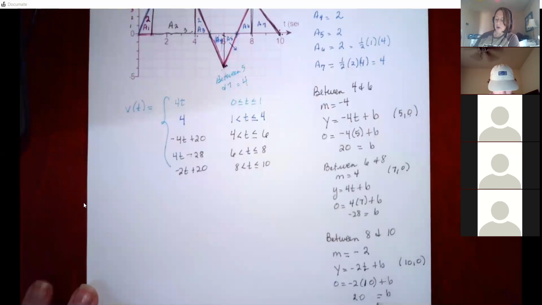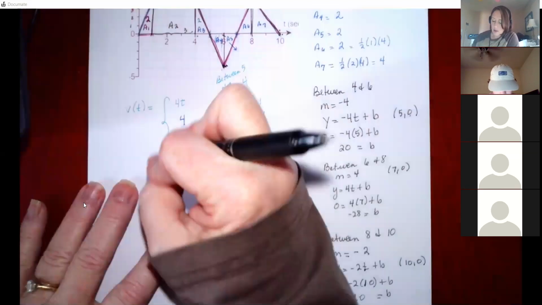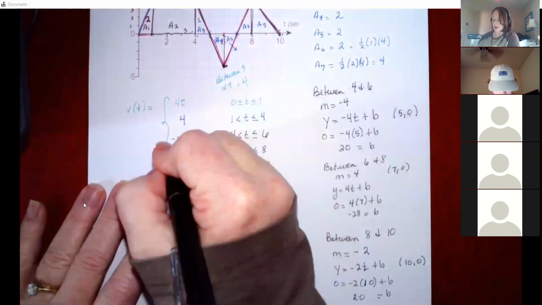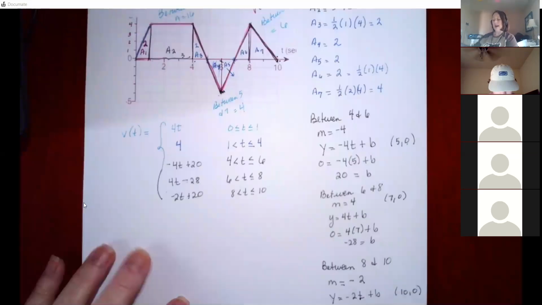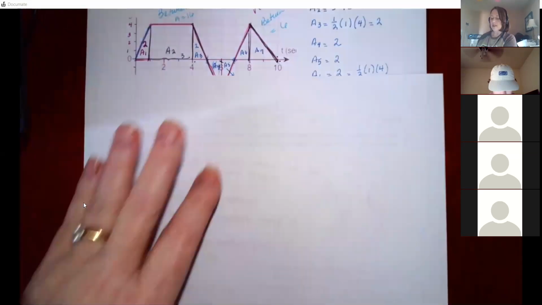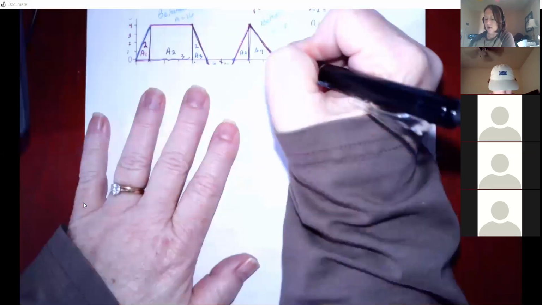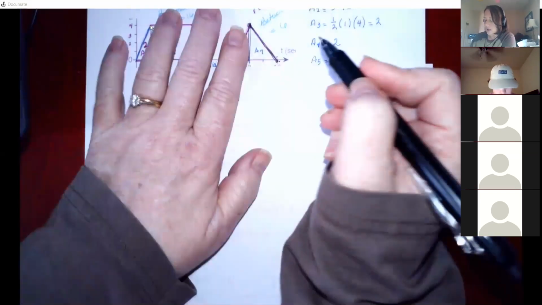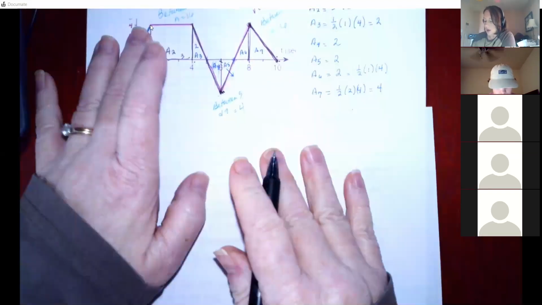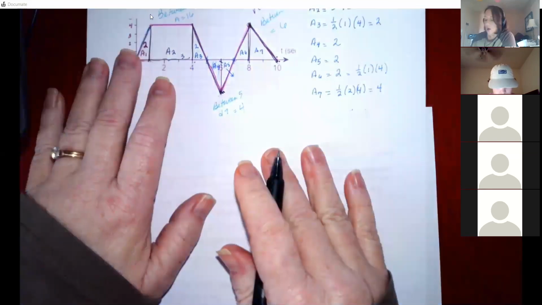Can I ask something real quick? Of course. So I'm having trouble, I don't know how to find the slope, like m. Well, there's a couple ways we can go about it. I don't see where the -4 comes from for the one from 4 to 6.